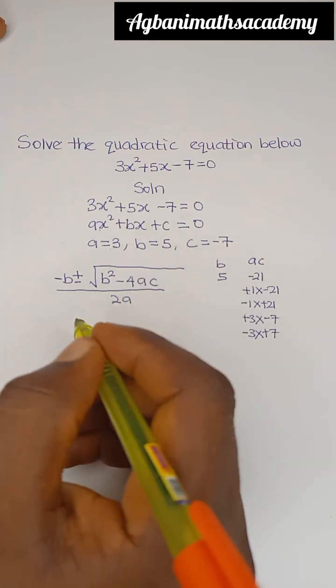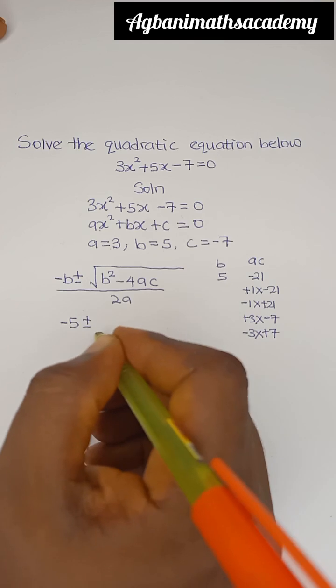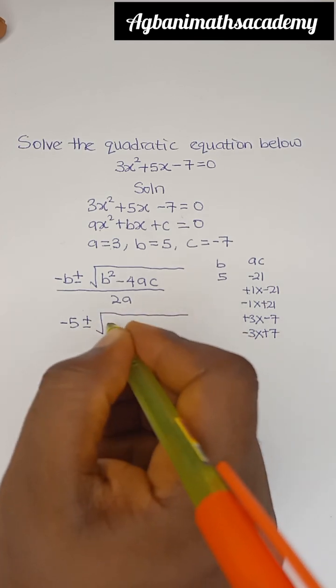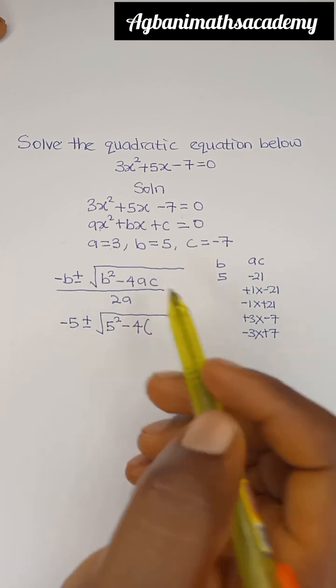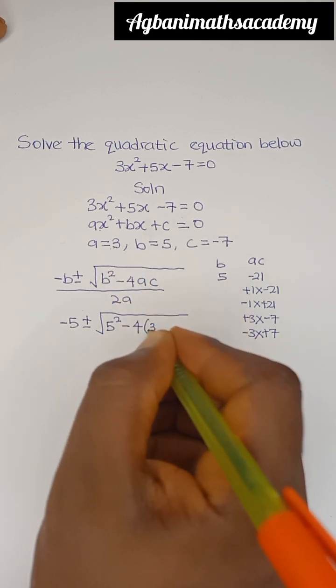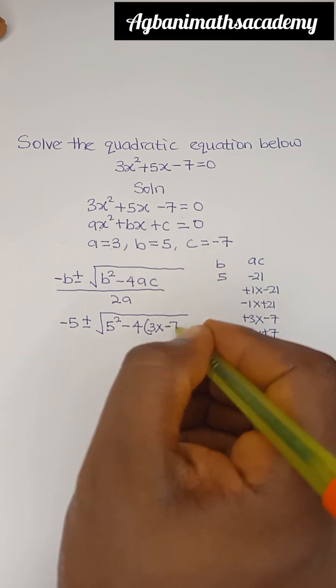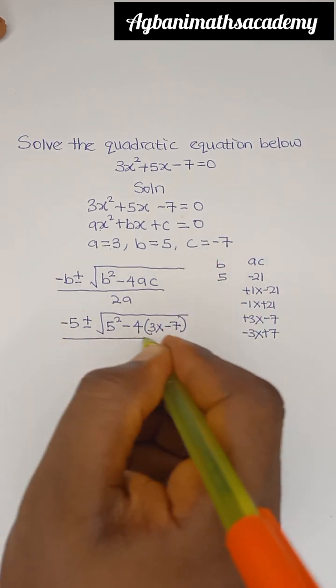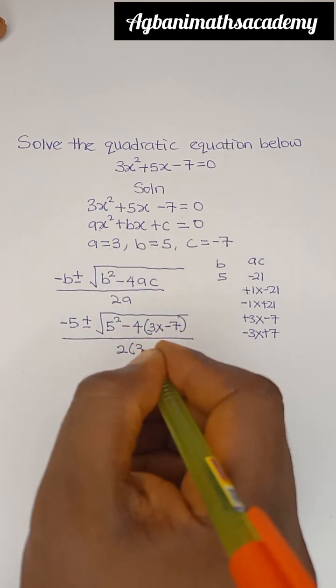So our b is plus 5, so we have minus 5 plus or minus square root of 5 squared minus 4 into our a, which is 3, multiplied by our c, which is minus 7, all divided by 2a, which is 2 multiplied by 3.